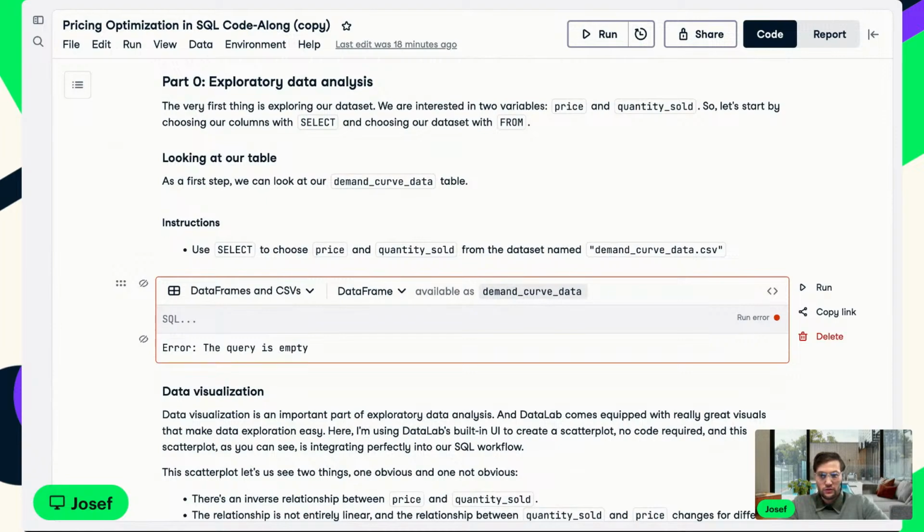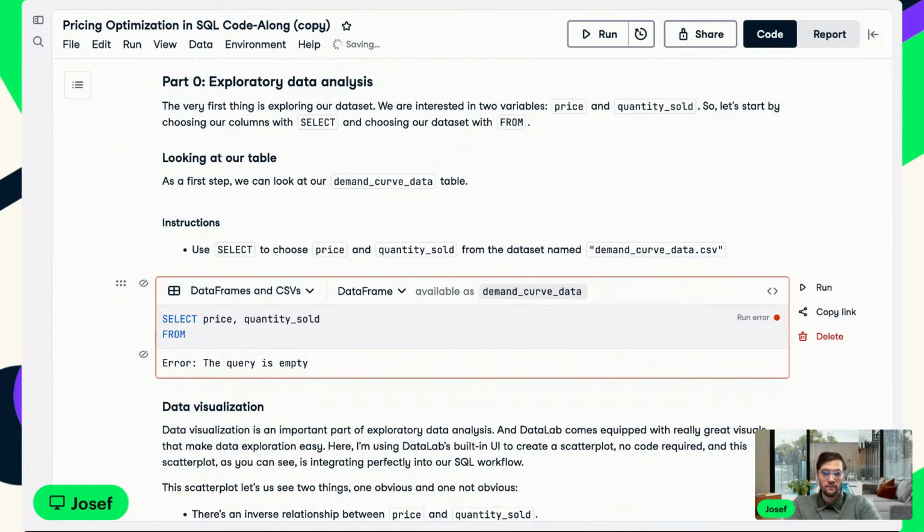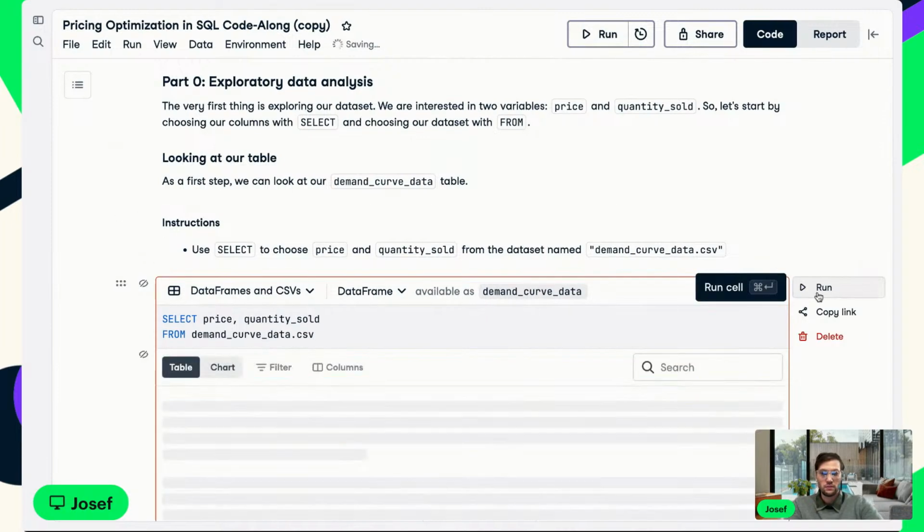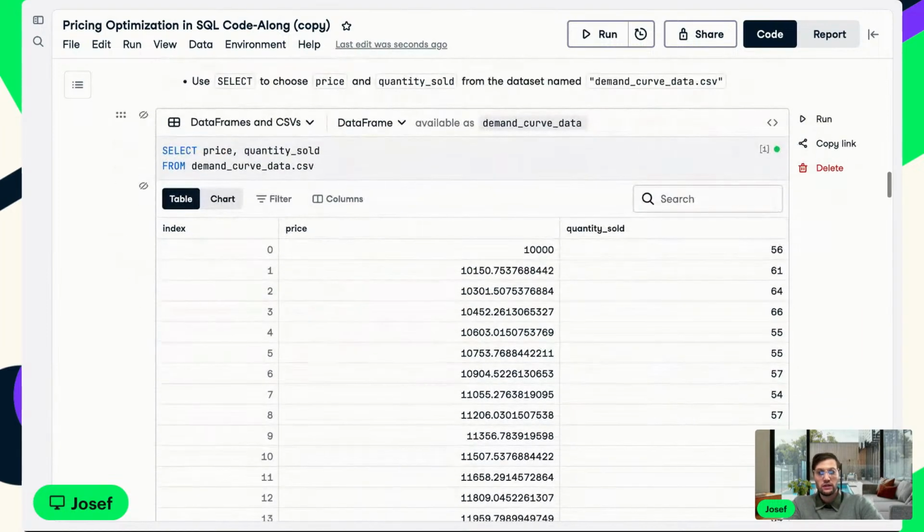All right, so the first one, we select price and quantity sold from our data set. You can also do star from, but let's do price, quantity sold from demand curve data dot CSV. And then I'll hit the run button. And we can see here two columns, price and quantity sold. It comes with an index, and the index is really referring to the days.